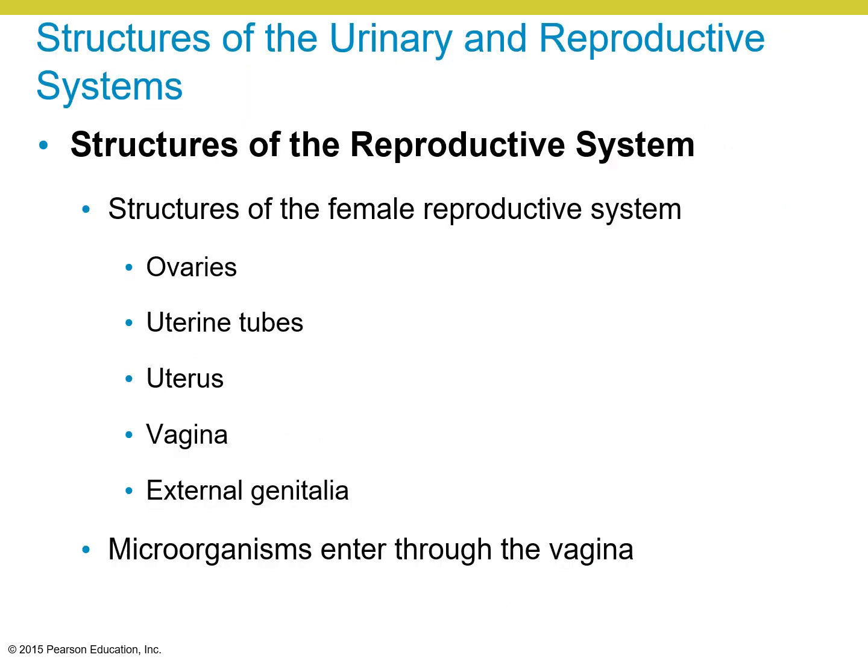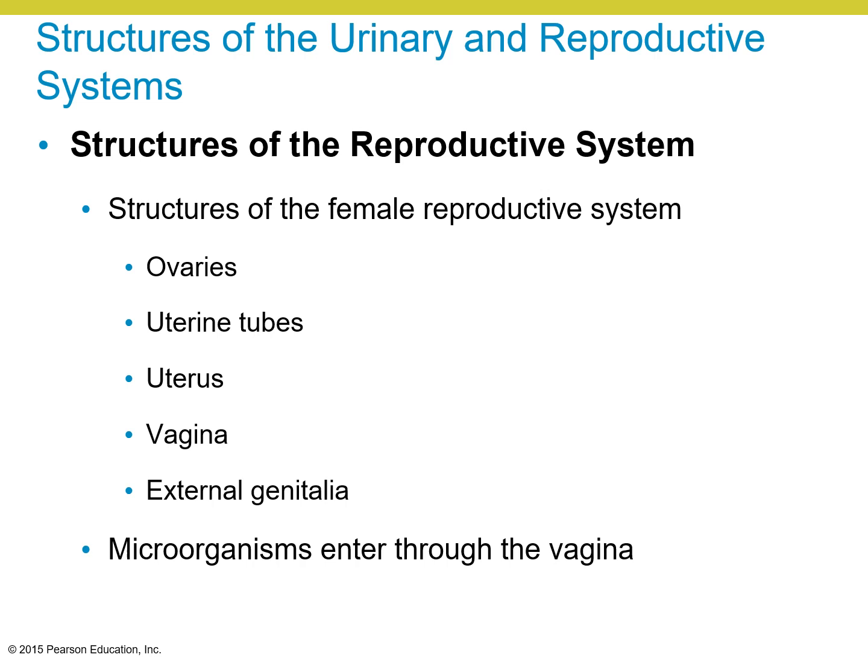When it comes to the structures of the female reproductive system, it consists of 2 ovaries, 2 uterine tubes, also called fallopian tubes, a uterus or womb, a mucous membrane-lined vagina, also called the birth canal, and an external genitalia, which includes the clitoris, 2 sets of labia, and the opening of the vagina. Labia is a Latin word which means lips.